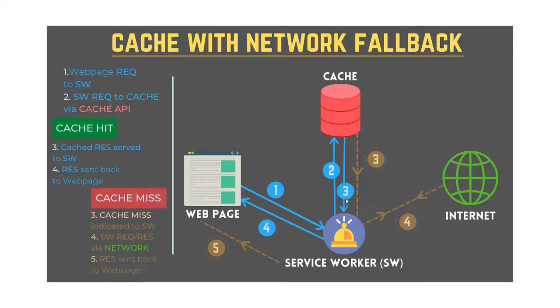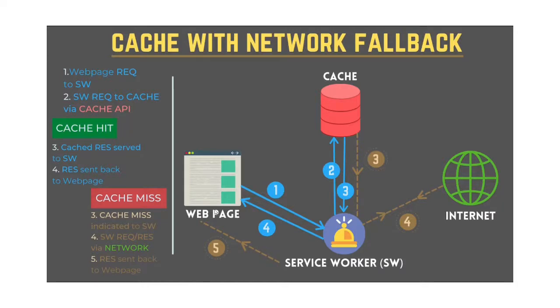Just to differentiate the two possibilities, I've used a different color code. When you have the cache hit, you just get back the response in step 3 and serve it to the web page in step 4. If it is a cache miss, you get back the indication that you have a cache miss, and you make the request, and get a response in step 4 to the service worker. Once you have the response, it is served by the service worker back to the web page in step 5.